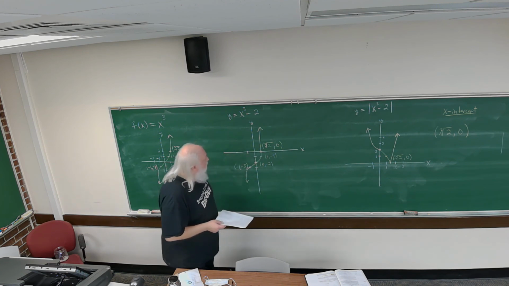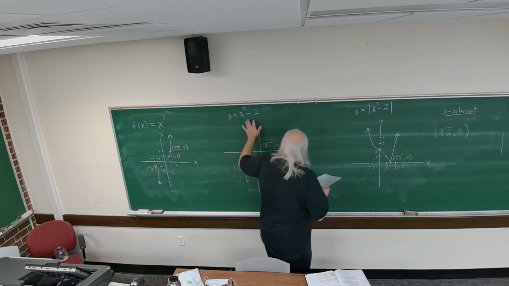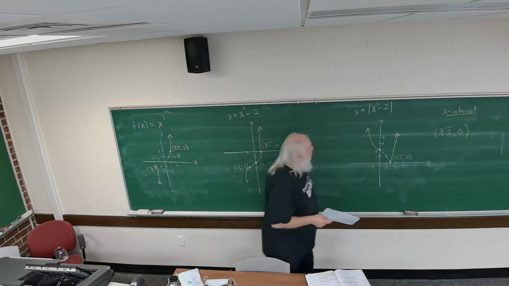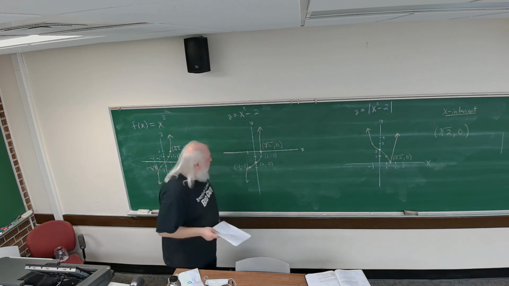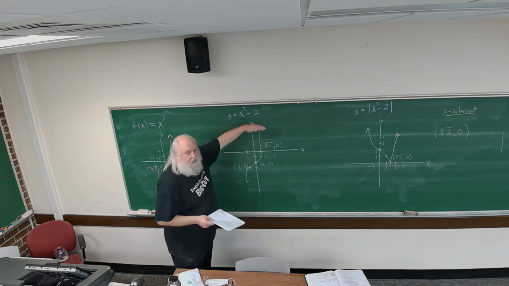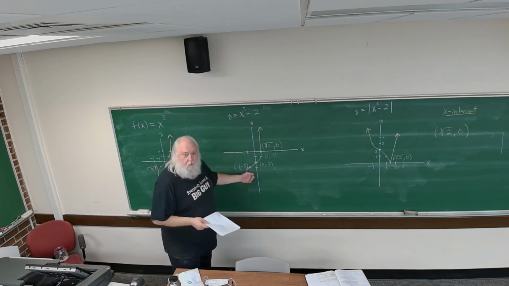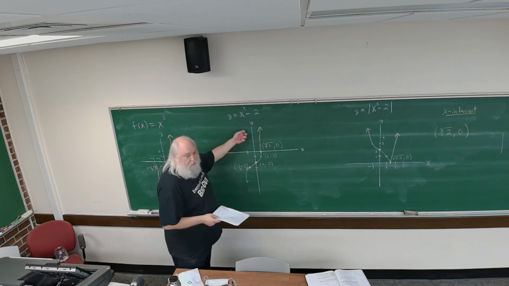Okay? Now we're taking the absolute value of the right-hand side. And when we take the absolute value of the right-hand side, the part of the graph that's above the x-axis stays the same. The part that's below the x-axis gets flipped over the x-axis because all the y-coordinates go from being negative to being positive. Right?